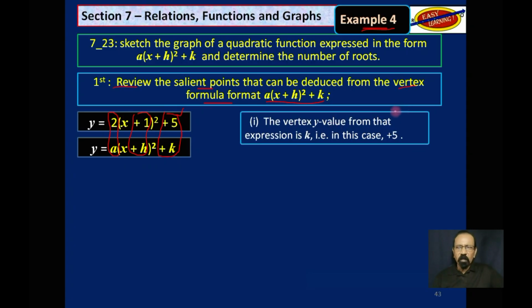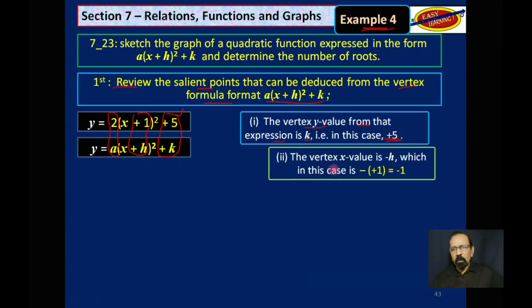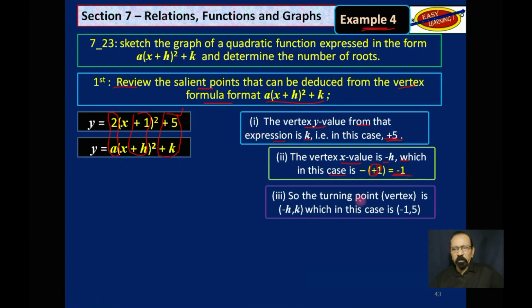So the vertex Y value from that expression is K. In this case, it is positive 5. The vertex X value is negative H, which in this case is negative of positive 1, which would give us negative 1. So the turning point or the vertex is negative H, K, and in this case is negative 1, 5.